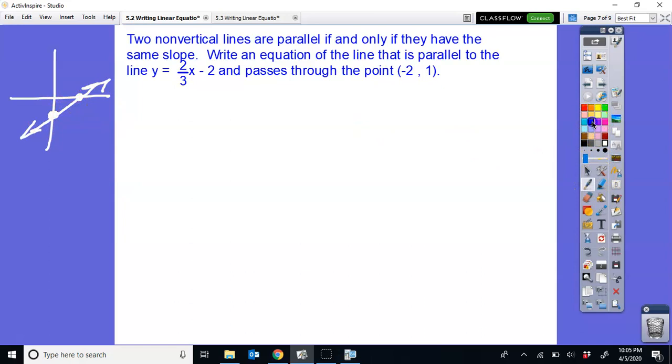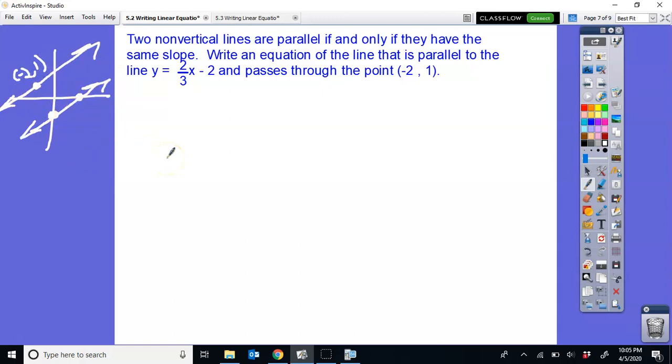I have the equation of that line. What I'm trying to find is the equation of a line that is parallel to that line and passes through the point negative 2, 1. So there's a point over here that a line passes through, and it's parallel to this one.